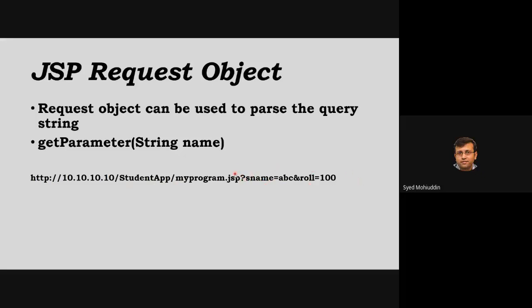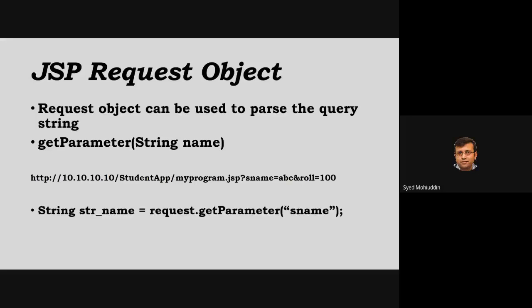This is known as the query string. If we use getParameter and within the brackets we pass sname as a string, the getParameter method will return the value, that is ABC in this case.